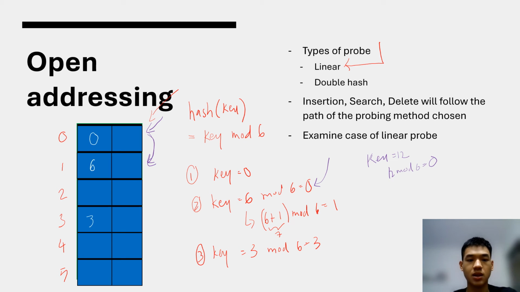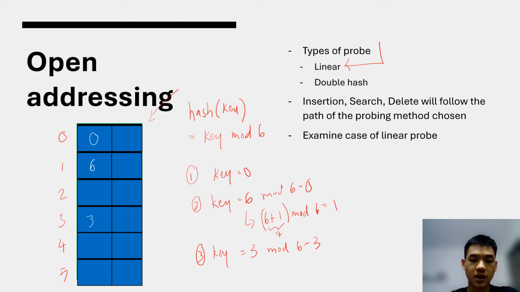And then on the second linear probe, you come here, and the algorithm will realize that this is an empty slot. If it is empty, it will break out of the function and return not found. Why would it do that? Because if 12 did exist, then 12 must have existed in this position here. The fact that it does not means that 12 does not exist. So that is the idea on searching.